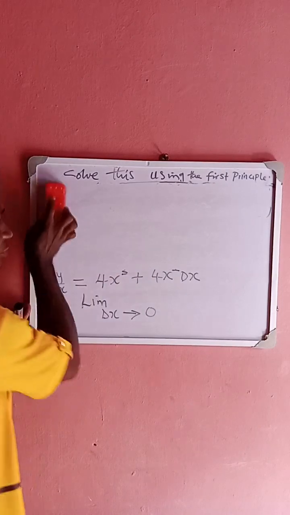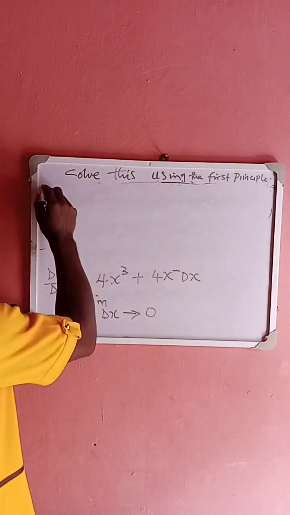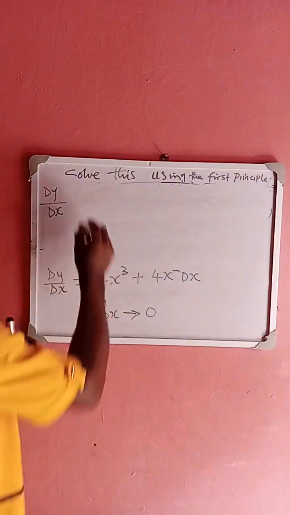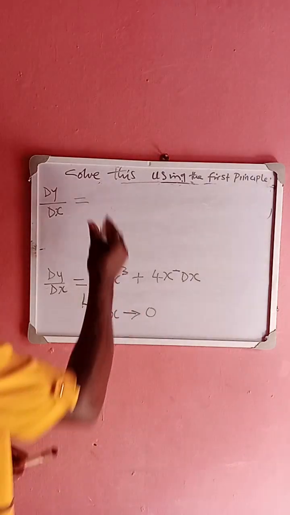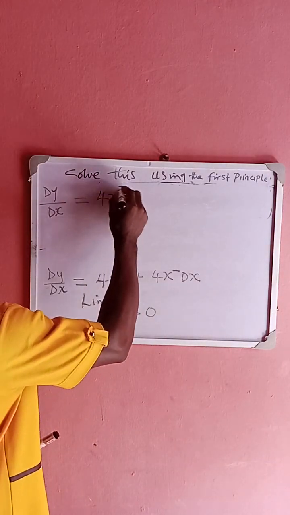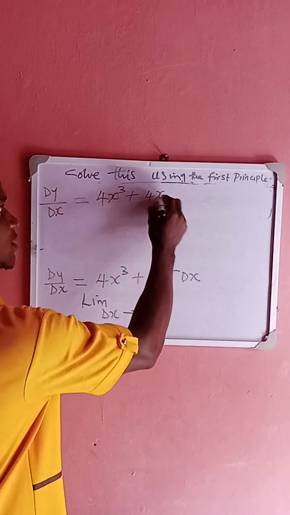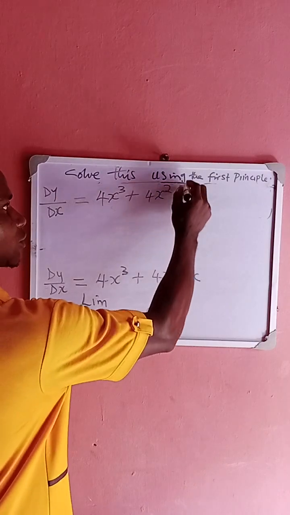We have it to be change in y over change in x is equals to 4x raised to the power of 3, then plus 4x raised to the power of 2, then 0.